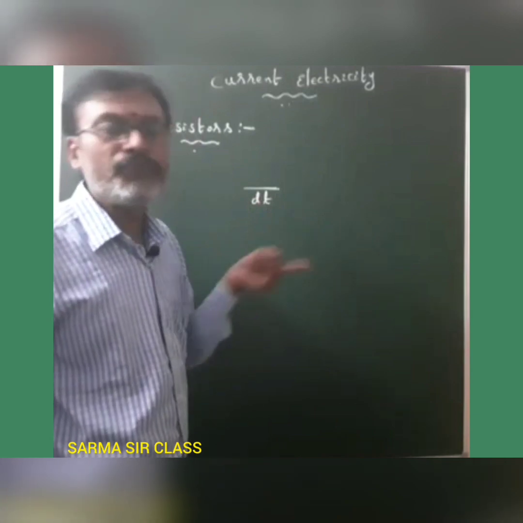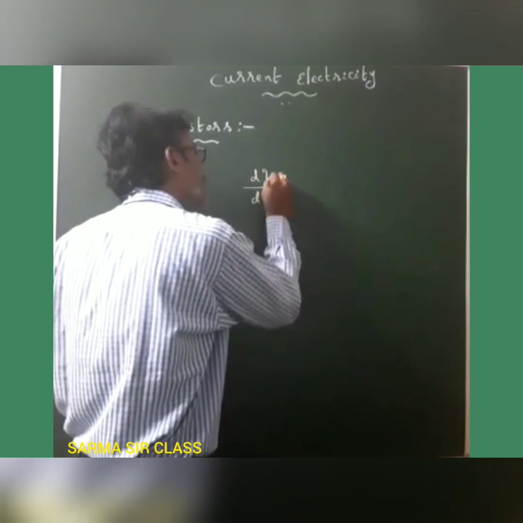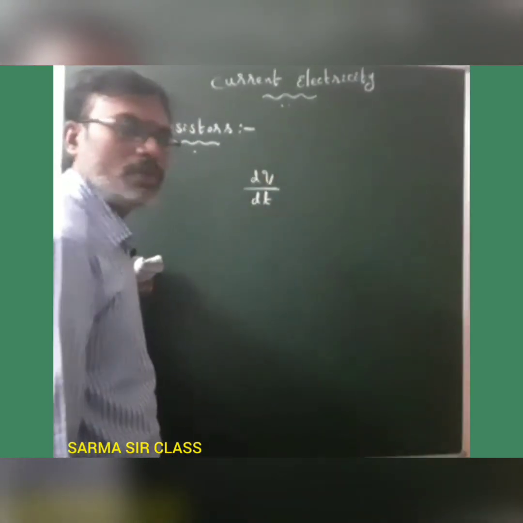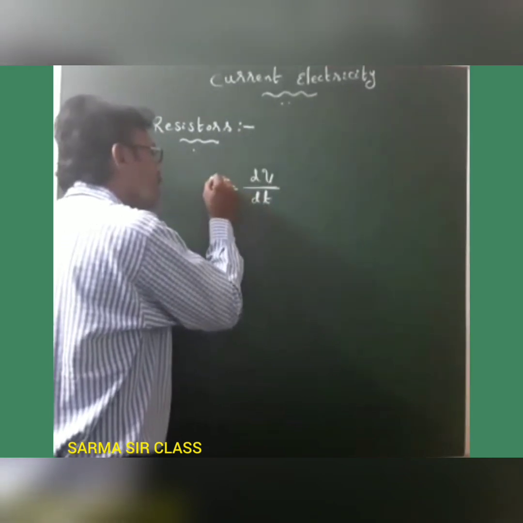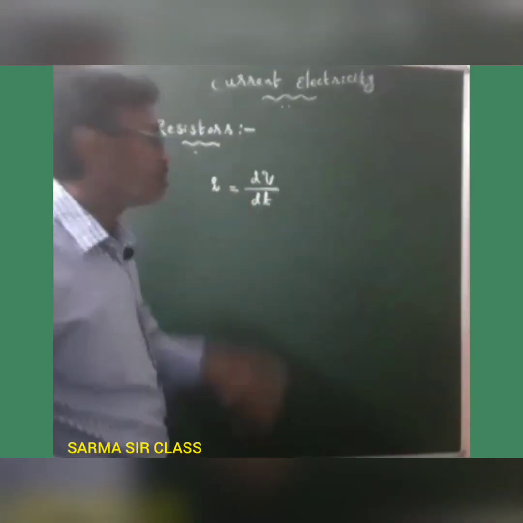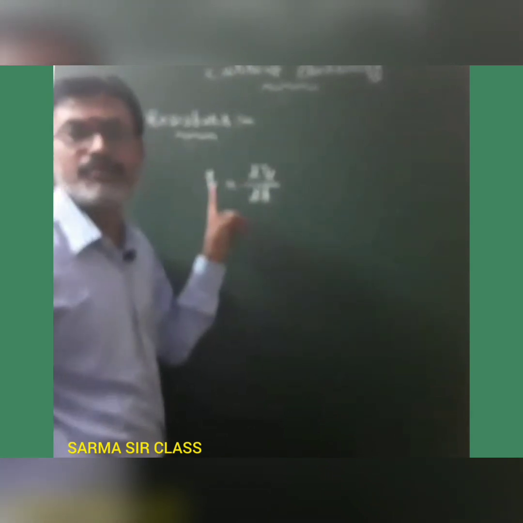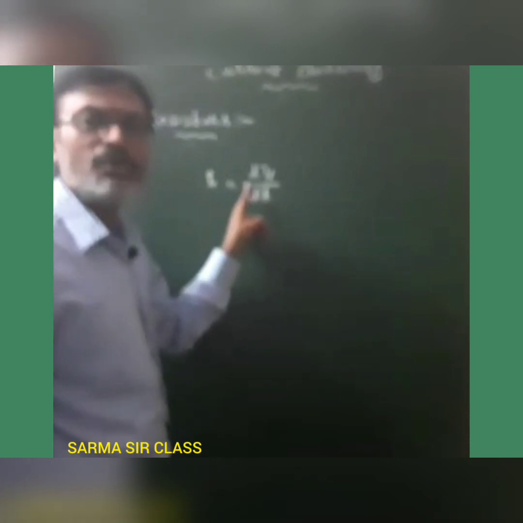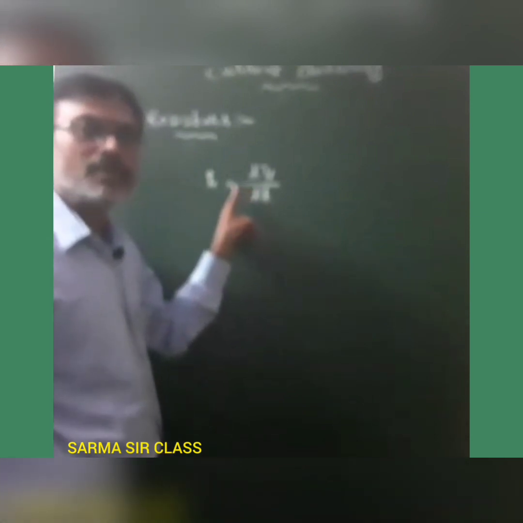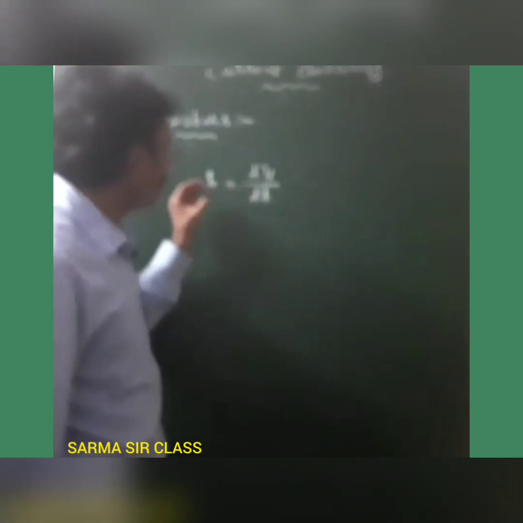The rate of flow of charge, with charge taken as dq, charge by time is represented as current. So I is equal to dq by dt. This is the current.